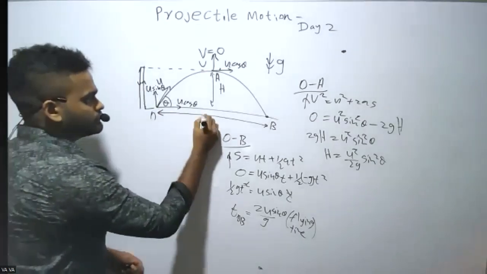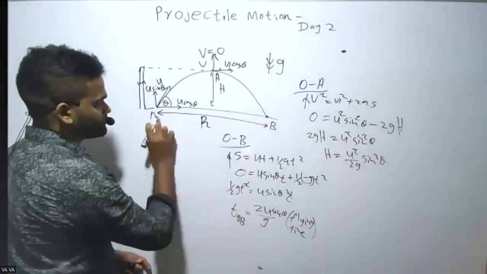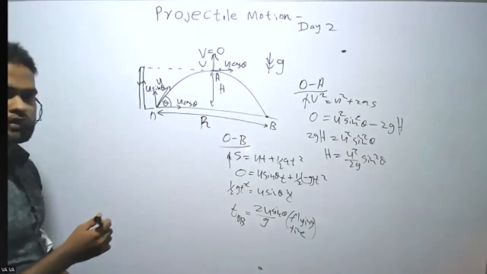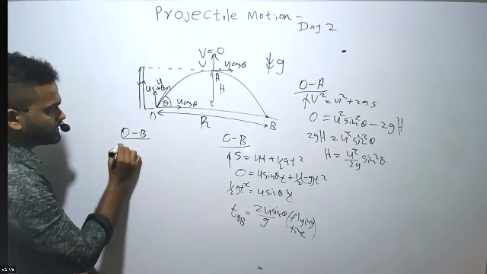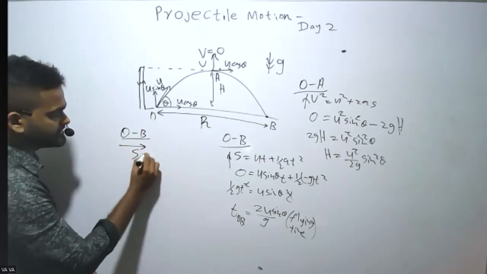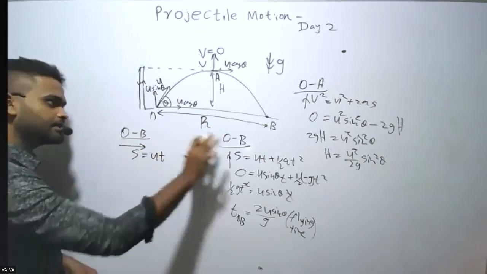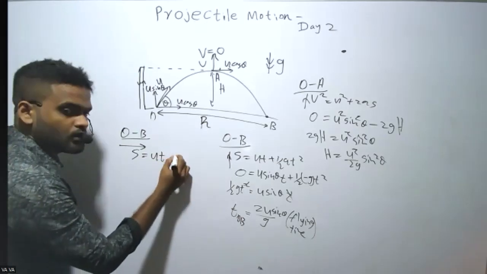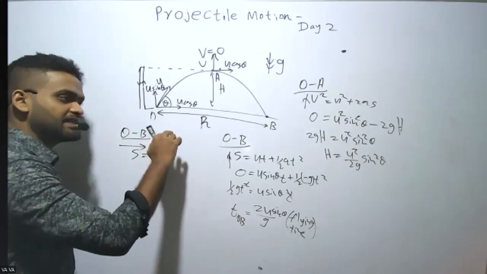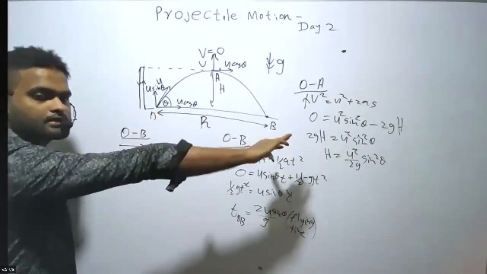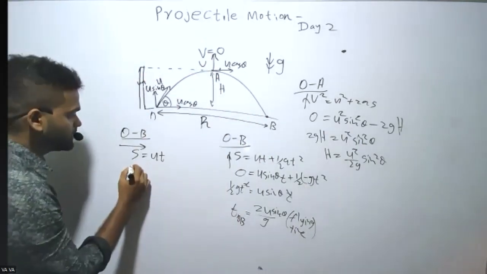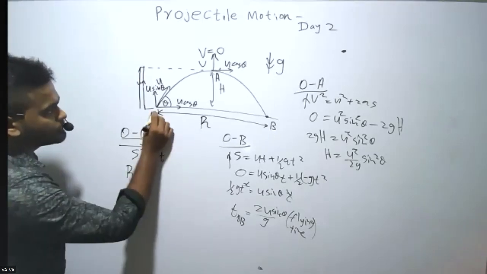Then there's something called range. That is the distance from O to B. So to find the range, now I'm applying this equation, u t horizontally, because there's no half a t squared. That is 0, right? Because there's no acceleration horizontally. So S is from here to here.